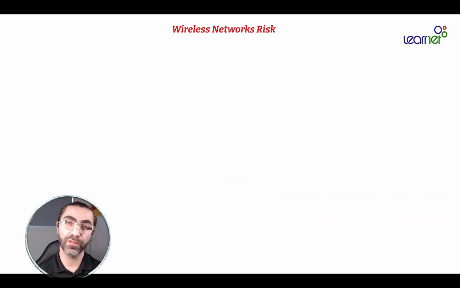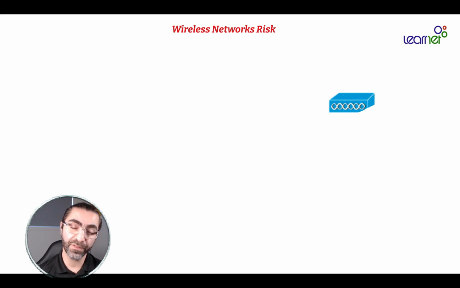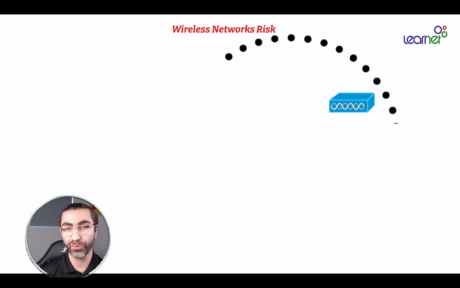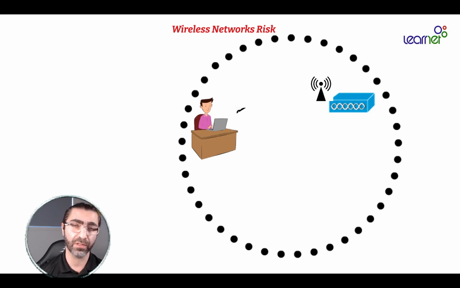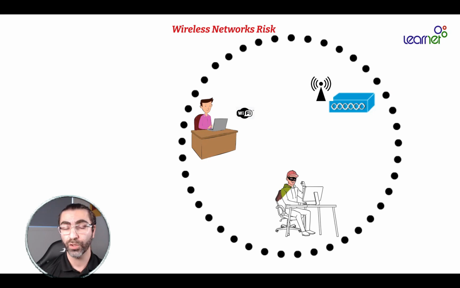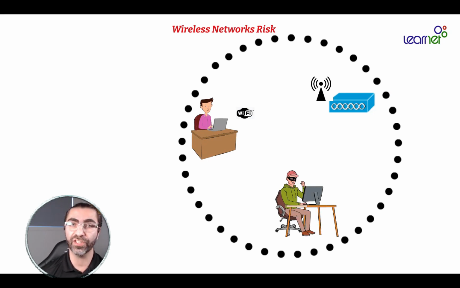When you're dealing with wired networks, to prevent unauthorized users from accessing your network, the only thing you need to do is secure your perimeter and not let unauthorized people come to your office and plug in their devices. But when it comes to wireless networks, your data is pretty much in the air.